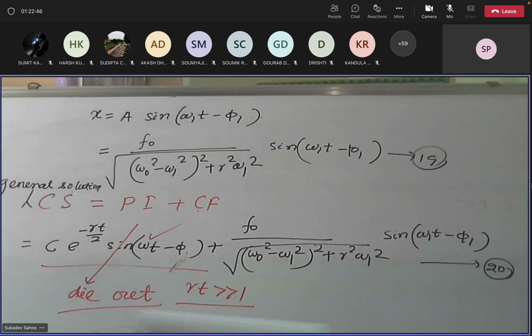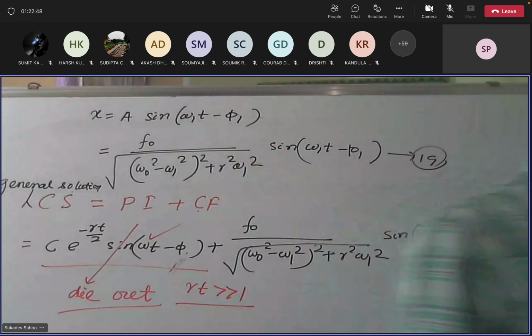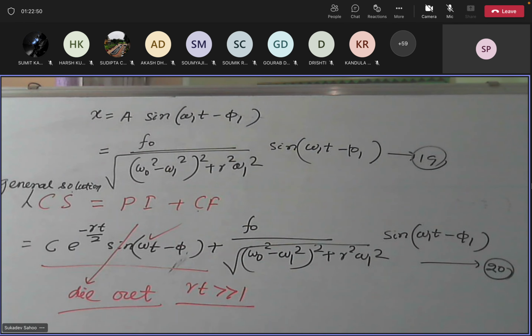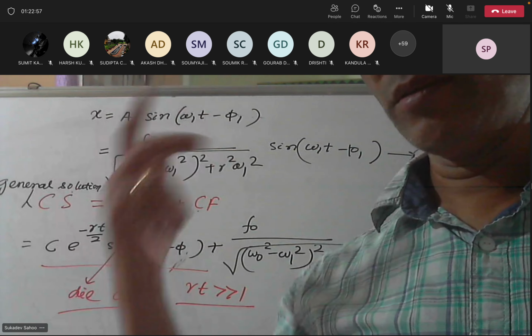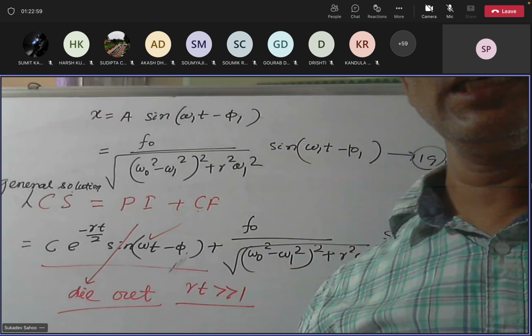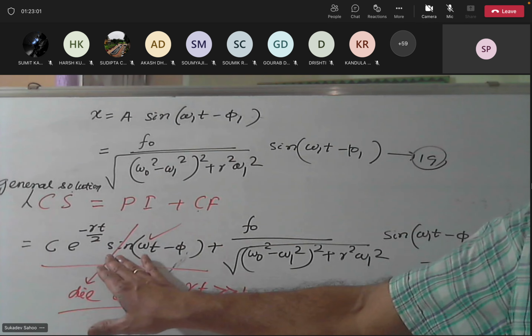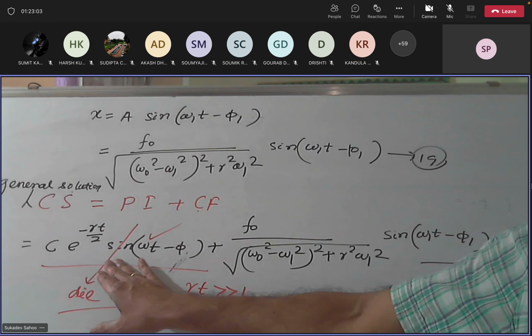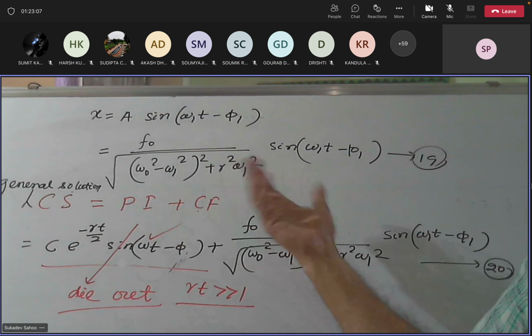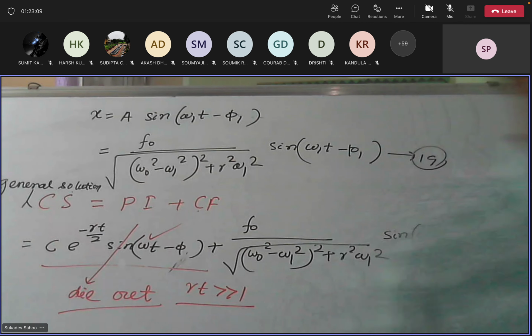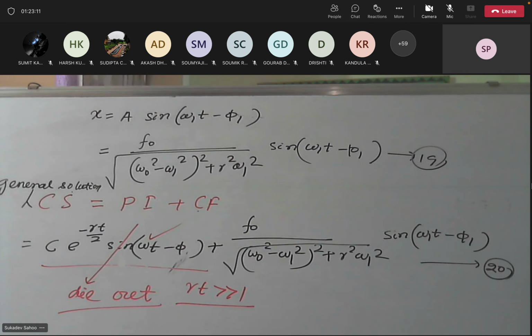Initially, in the transient state, both omega 1 and omega 0 exist, and we have obtained the free damped oscillation. As time passes on, this part diminishes and the body will vibrate only with the forced oscillation.